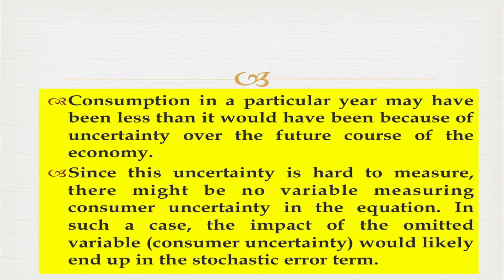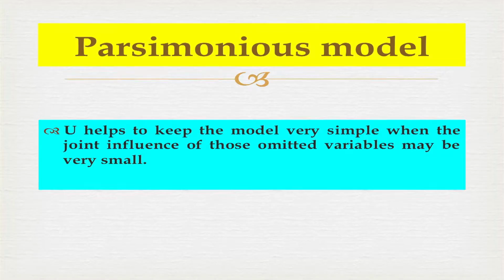In such a case, the impact of the omitted variable, that is consumer uncertainty, would likely end up in the stochastic error term. The second most important reason for the inclusion of u is the parsimonious model. U helps to keep the model very simple. When the joint influence of those omitted variables is very small, this u will come in as a handy variable.